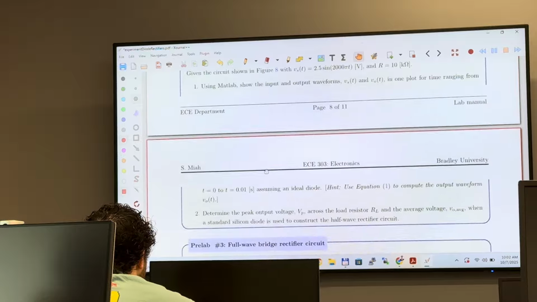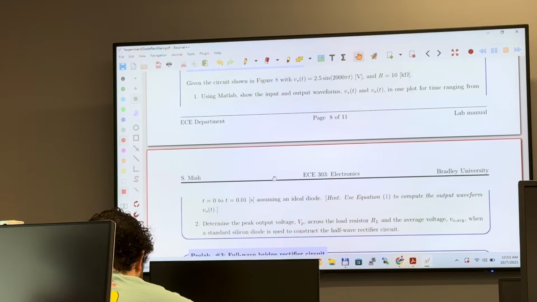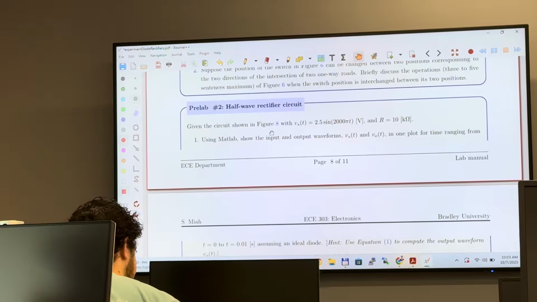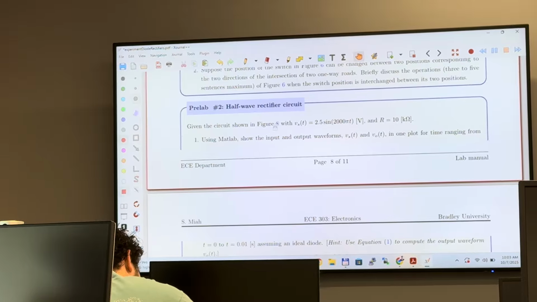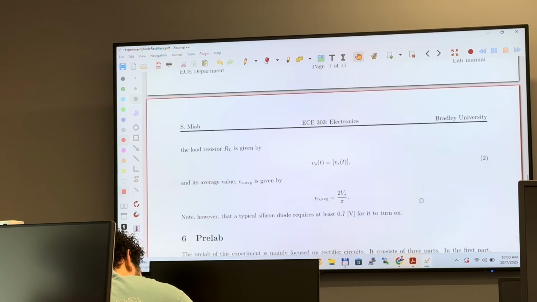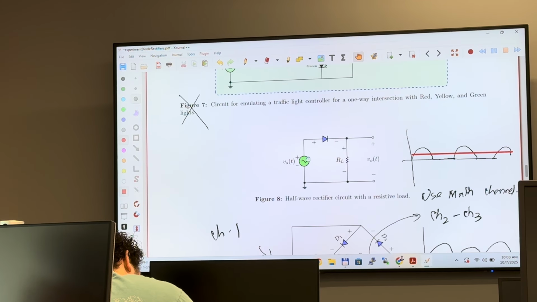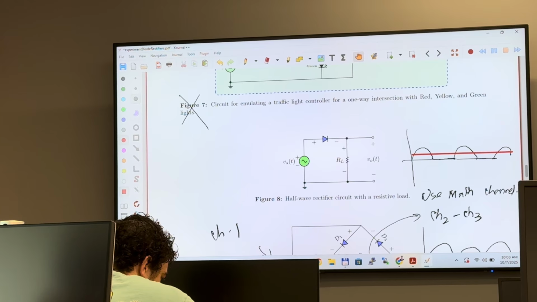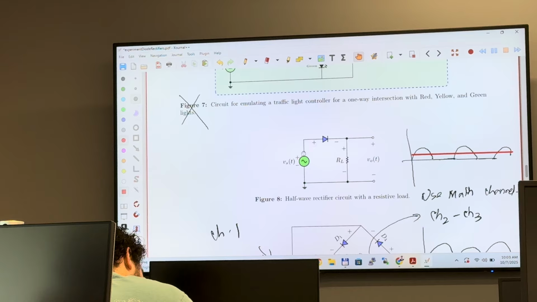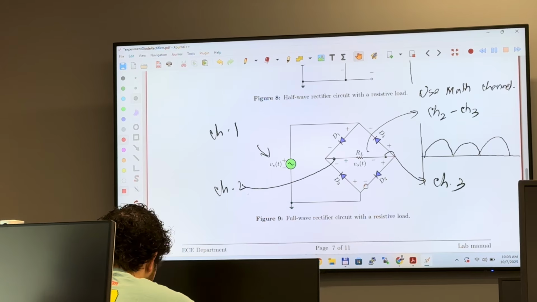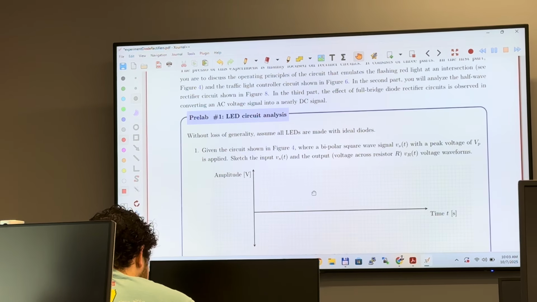So here, I do not have PSpice anywhere, but the requirement here is that you go to figure 8 and draw this figure in PSpice. Then you have the input, you see the output. The output should look like this, and that is the requirement, that is 15 points.